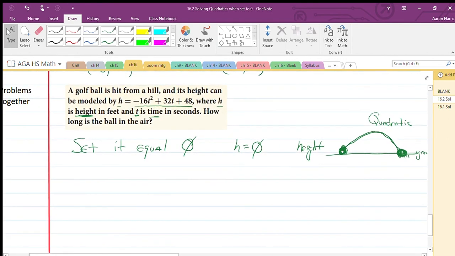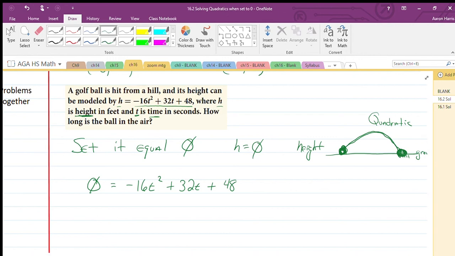So now, if h is 0, negative 16t squared plus 32t plus 48. So what do we have? A is equal to what?